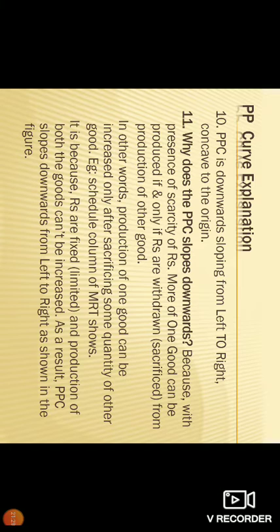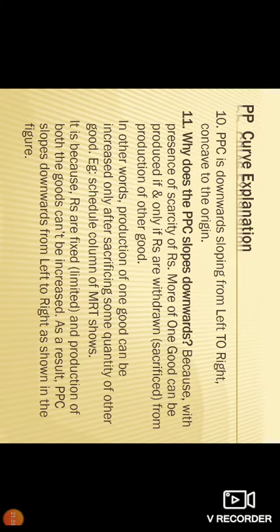To produce more of one good, we have to sacrifice the production of another good. We have to withdraw the resources from the production of one good and increase the production of another good. So, because the economy doesn't have plenty of resources. With the presence of scarcity, the resources are scarce.